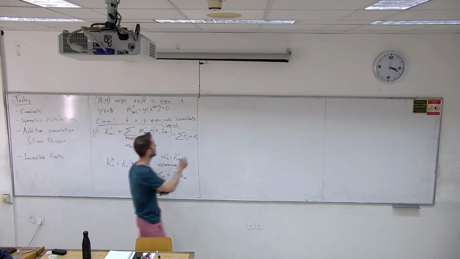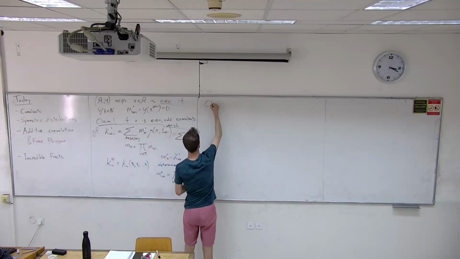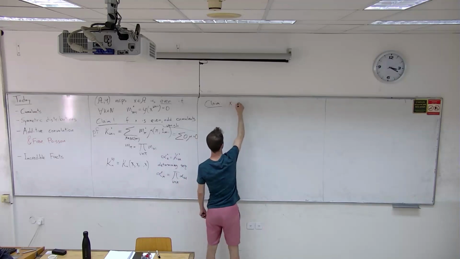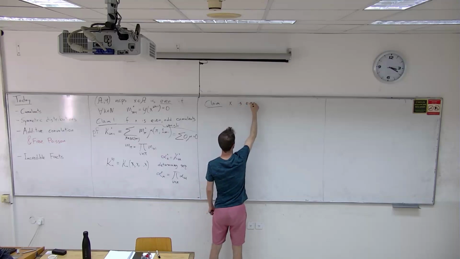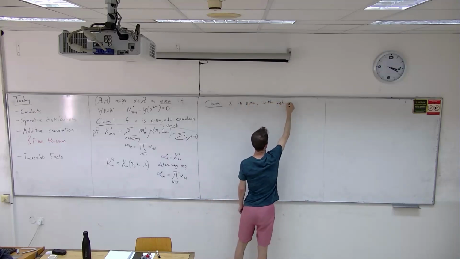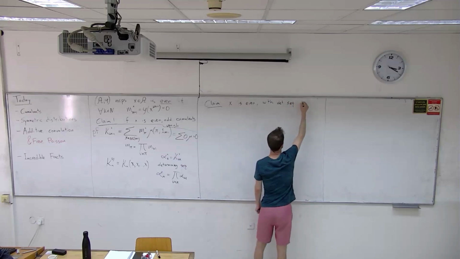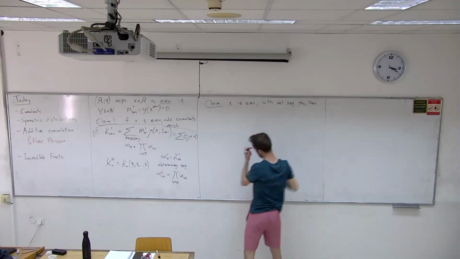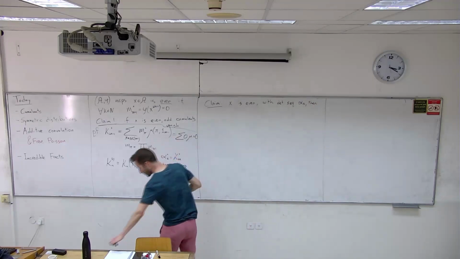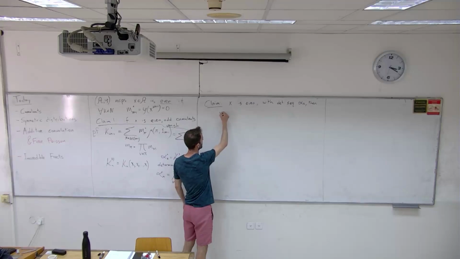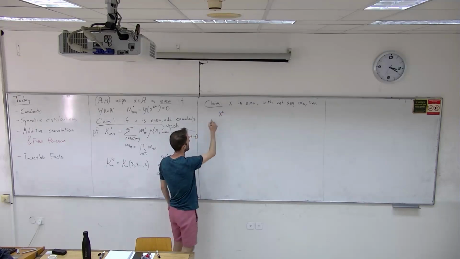Okay, so the second claim we want to prove, and here we'll need some more machinery from class, is the following: that if x is even, with determining sequence alpha_k, then I want to ask questions about the element x squared.